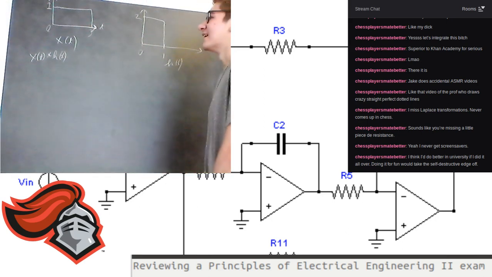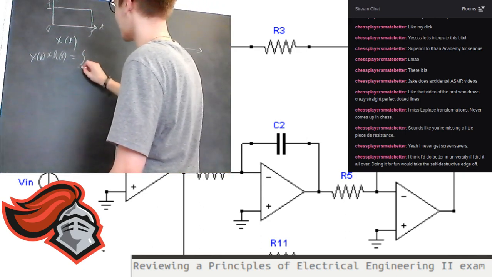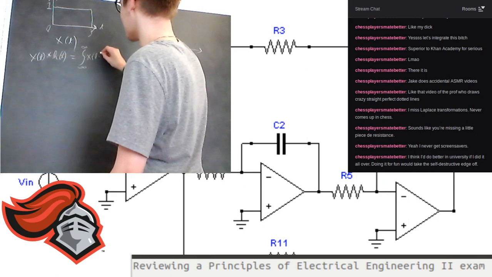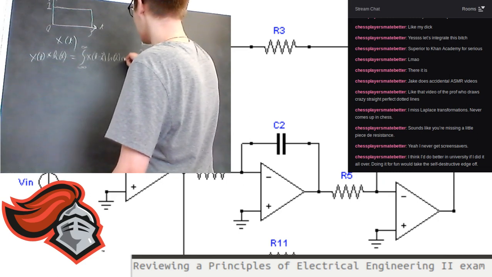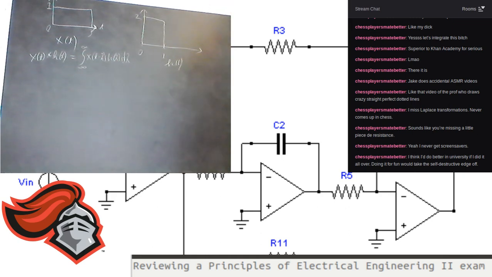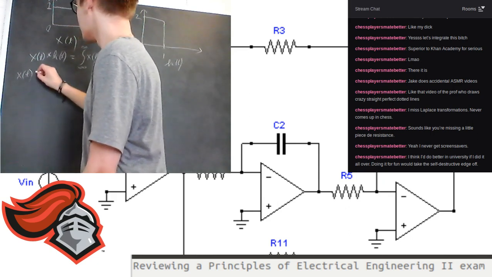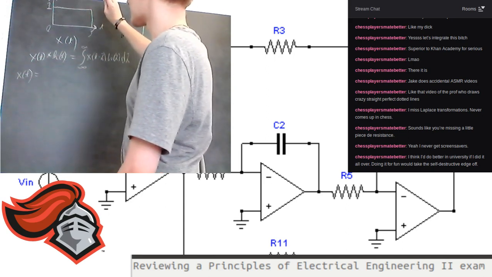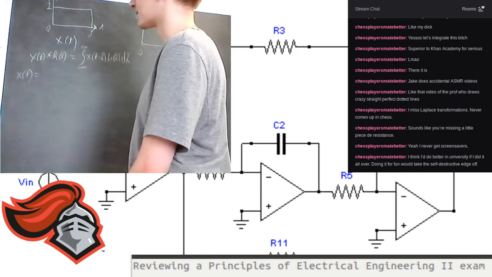Now, mathematically, this is equivalent to the integral from negative infinity to infinity of x(t minus lambda) h(lambda) d lambda. However, what are these functions? Well, if you look at x(t), you know that it's the unit step function at 0 minus the unit step function at 3.